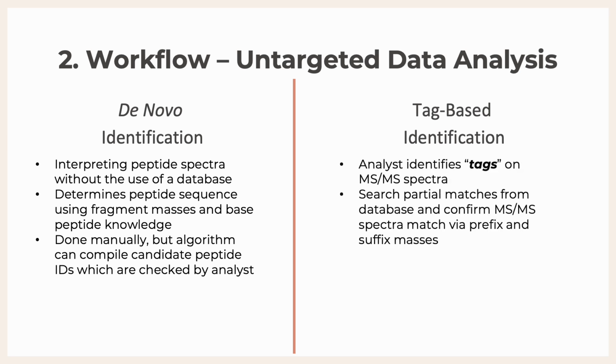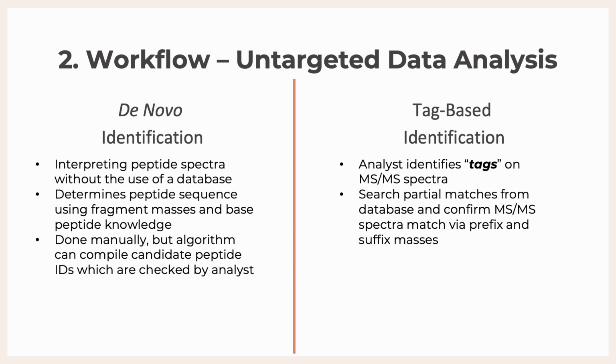And the final method is the tag-based identification. The analyst identifies tags, which is a sequence of 2 or 3 amino acids within the mass spectra, and you're going to confirm the sequence based on the prefix and suffix masses, so the masses before and after the tag.